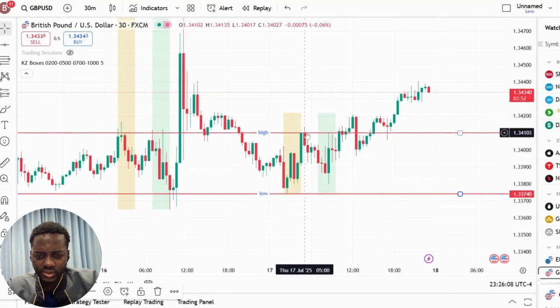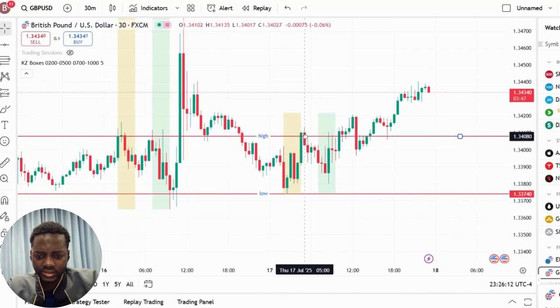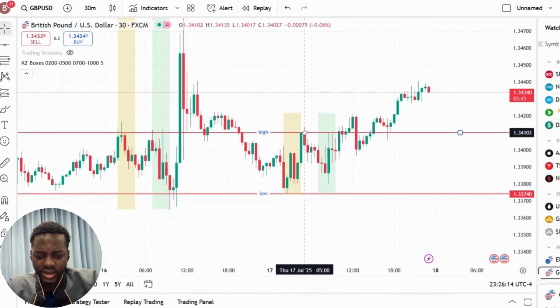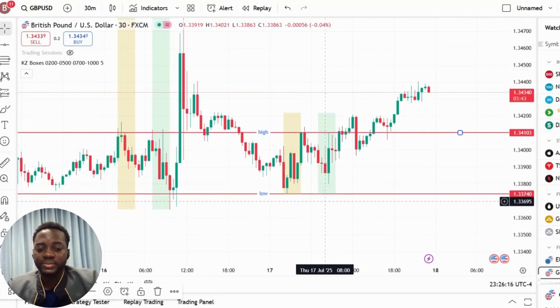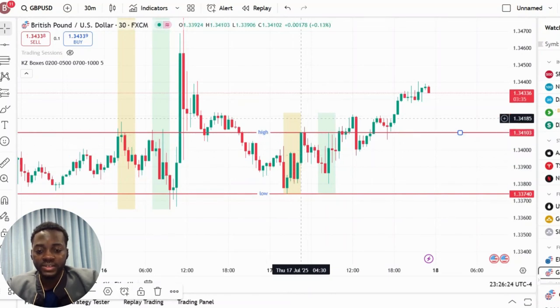Or if you want to go down, you can go down to this one, but break it, continue buy. So we can take this one here, high and the low. What happens? You wait for your London session to close. This is the kill zone, so it goes up and hits.